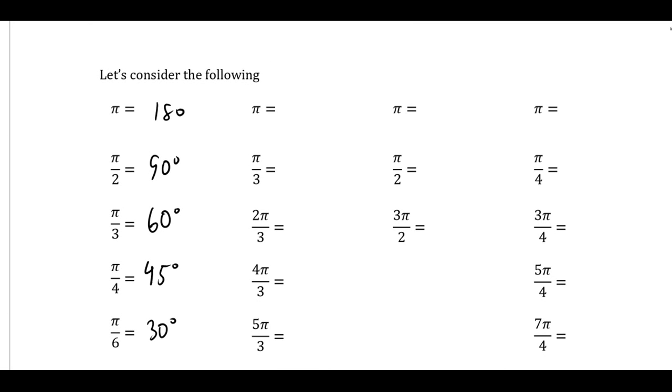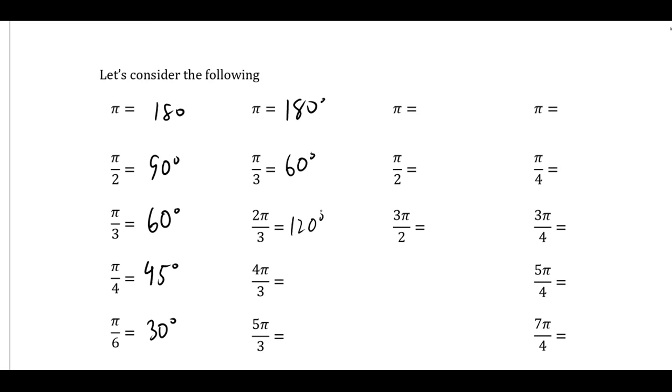So here's another example. So what was pi again? Oh, well, we got that, 180. What's pi by 3? 60. So what's 2 pi by 3? 120, right? You have 2 times pi by 3. So 120 degrees. I didn't need to use a formula for that. I didn't need to replace pi with 180 and multiply through.